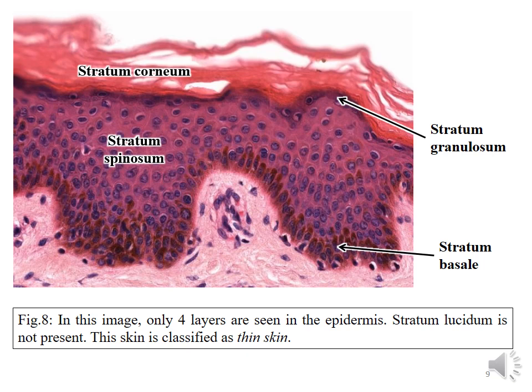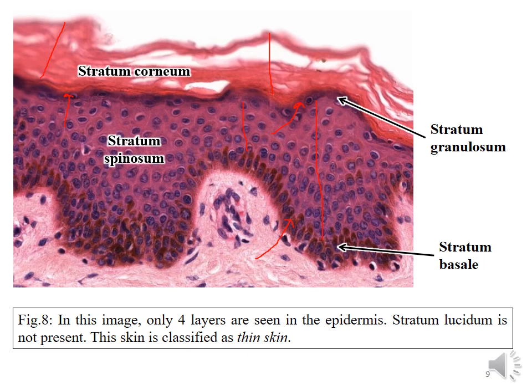If we examine this epidermis, the darkly stained deepest layer here is the stratum basale, and then we have the stratum spinosum, and then here we have the stratum granulosum, and the most superficial layer is the stratum corneum.